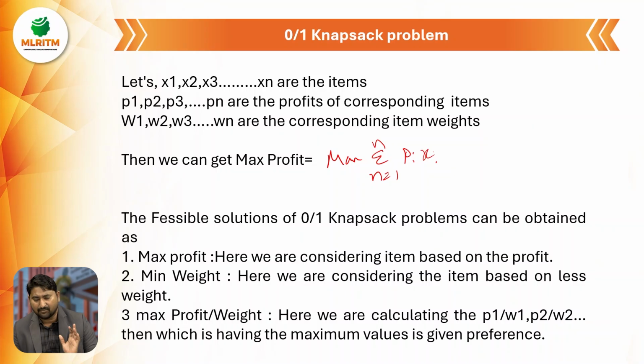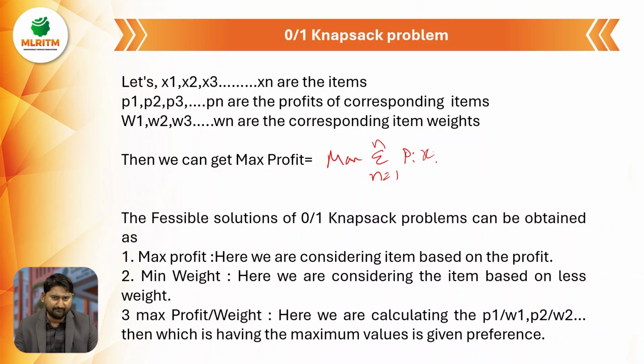First, what is the maximum profit? In the given list of n items, whichever item has the highest profit, you place it first. Here we consider the items based on profit.